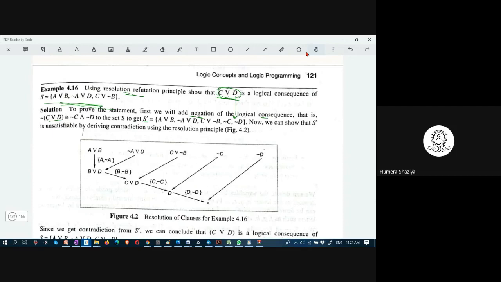From these two, C and not C would be eliminated, only D would be left. From these two, D and not D will be eliminated, and we get the empty clause.